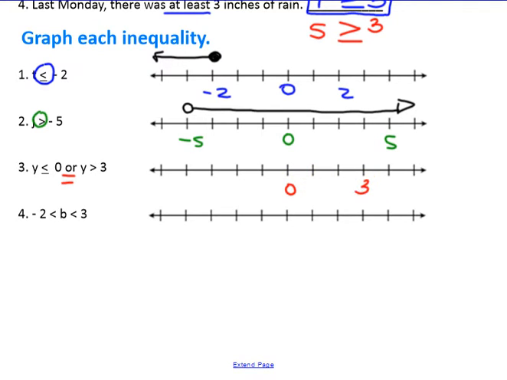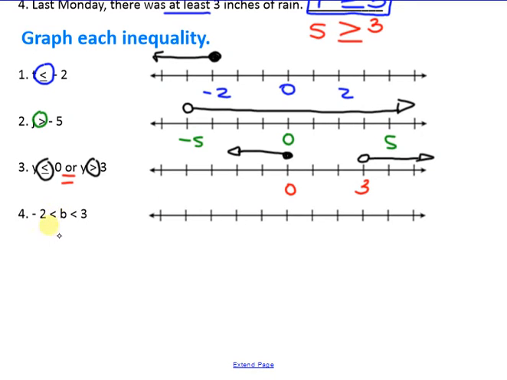Let me do my 0 first. I'm going to have a closed circle on top of the 0, and it's going to be going to the right. And then I'm going to have an open circle on top of the 3, and it's going to be going, or sorry, that arrow is going to the left. And then an open circle on top of the 3 going to the right.